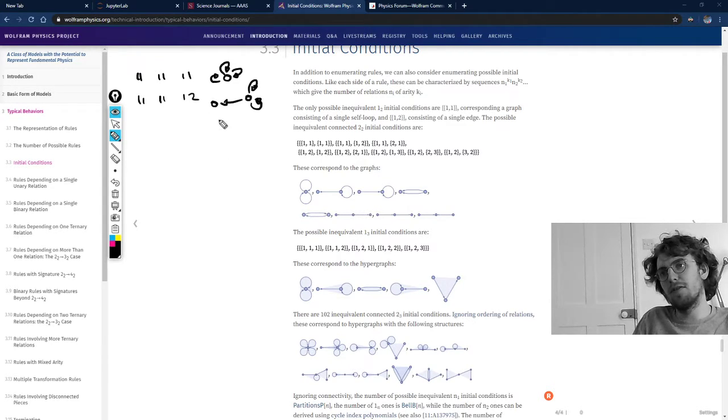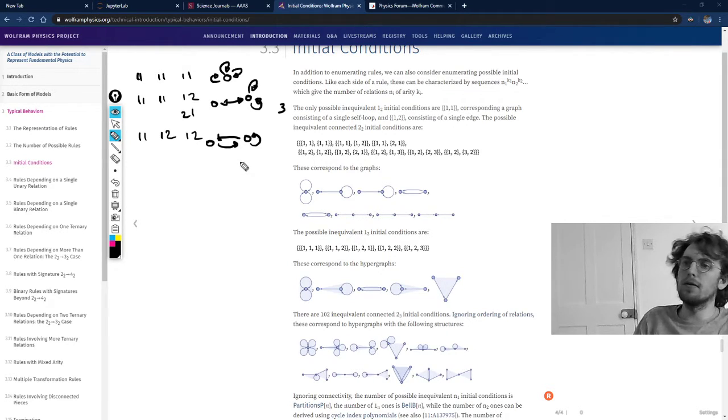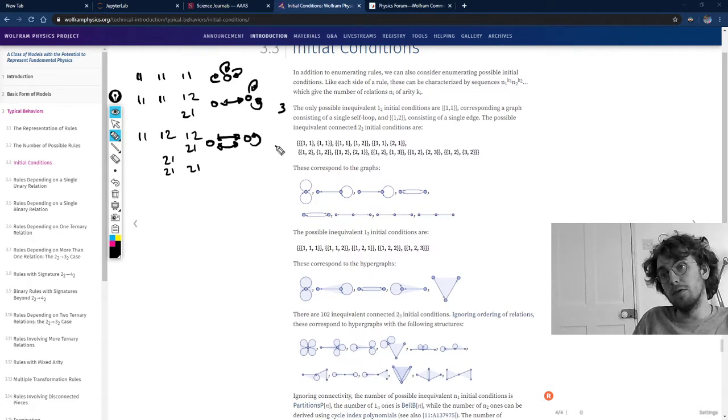We also get the opposite, which is changing sign. So we're at 3. 1, 1, 2, 1, 2 is a loop. And the out and back. Actually in this one they're both this way, but they could go either way. 2, 1, 2, 1, or both 2, 1. So we're on 7.